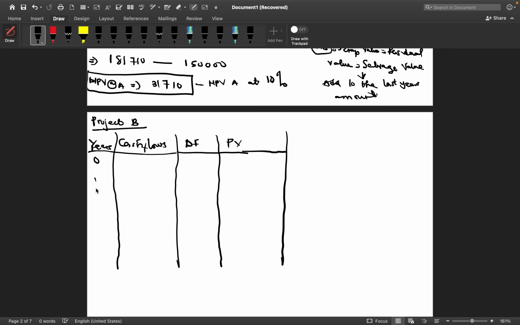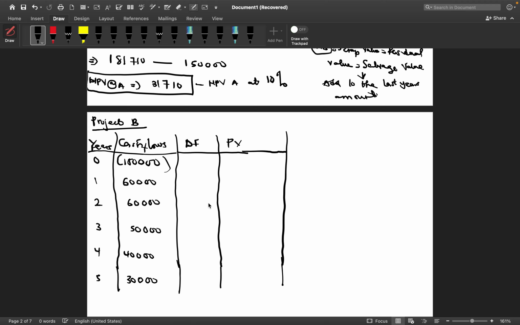Years 0, 1, 2, 3, 4, 5. Remember, year 0 was 250,000, the initial investment. For project B, the cash flow in year 1 was 60,000, year 2 was also 60,000, year 3 was 50,000, year 4 was 40,000, and year 5 was 30,000.